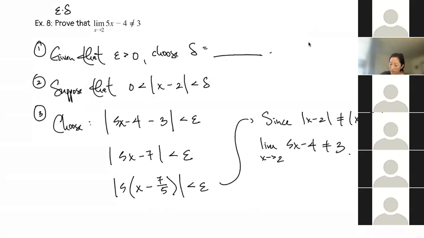Okay, so the fact that this was different than this, and there was no way that we could make it work, then we say, okay, that is not the limit.